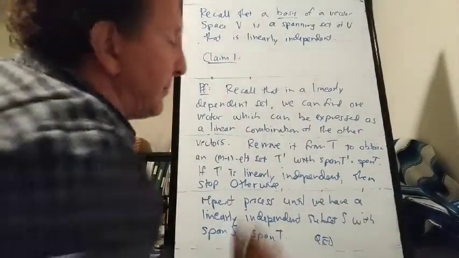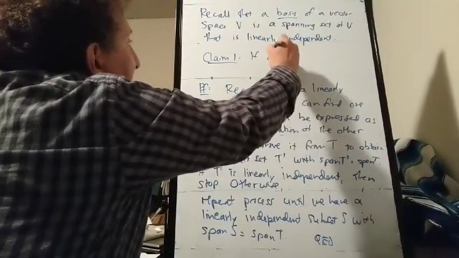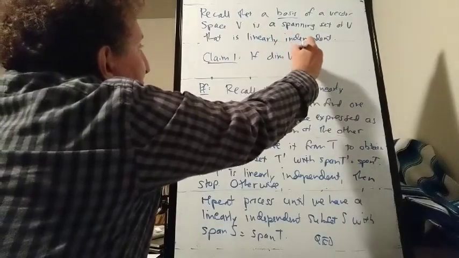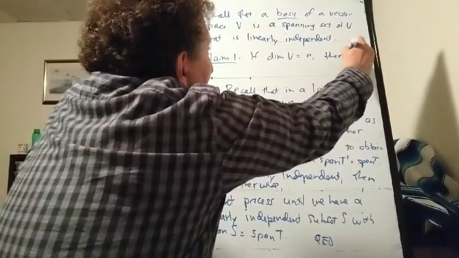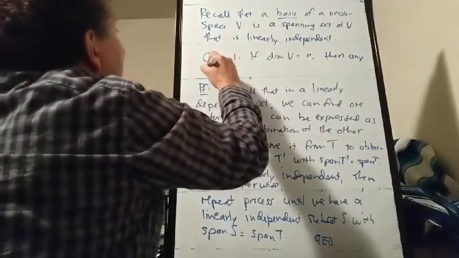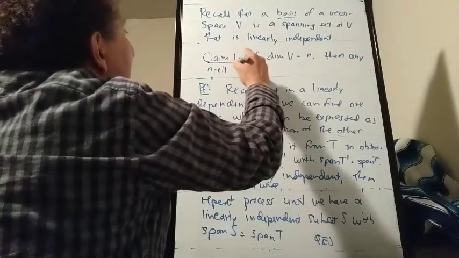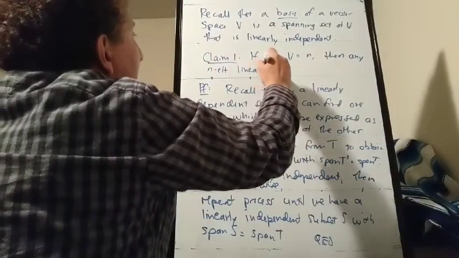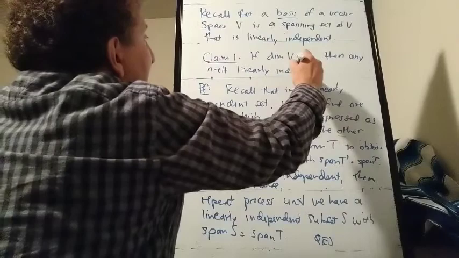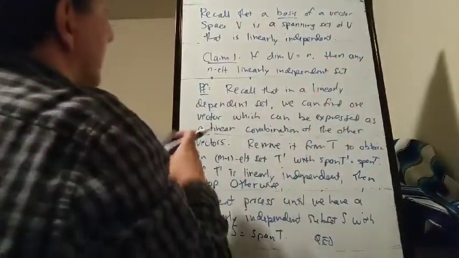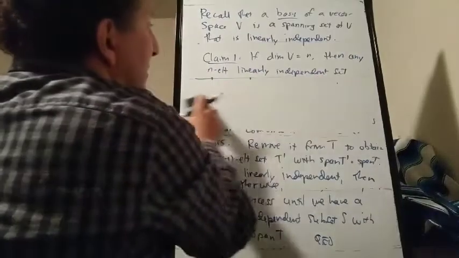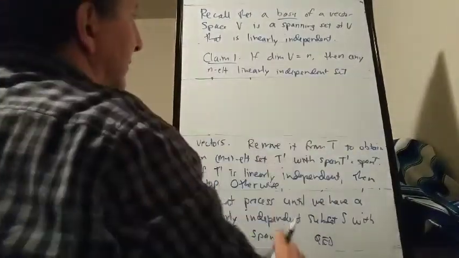All right, now I claim that if the dimension of a vector space V is n, then any n element linearly independent set is a basis.